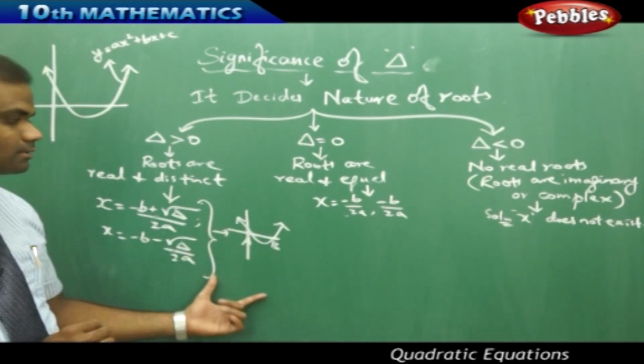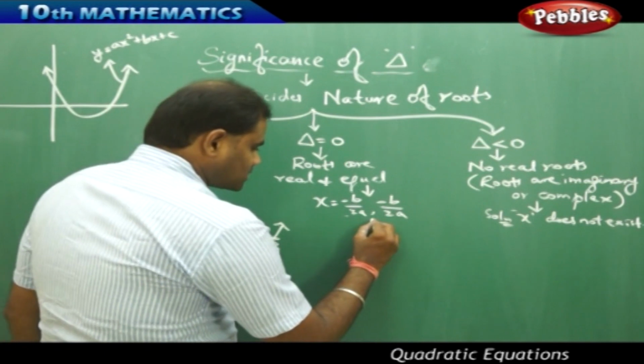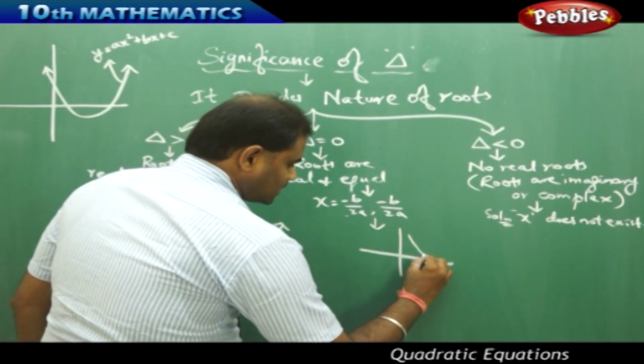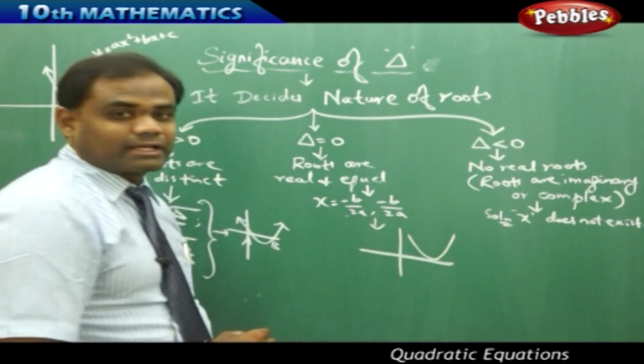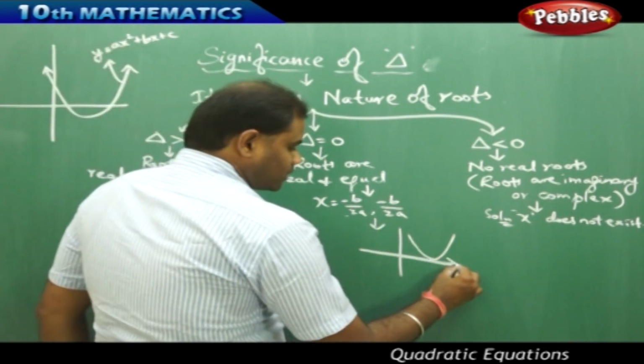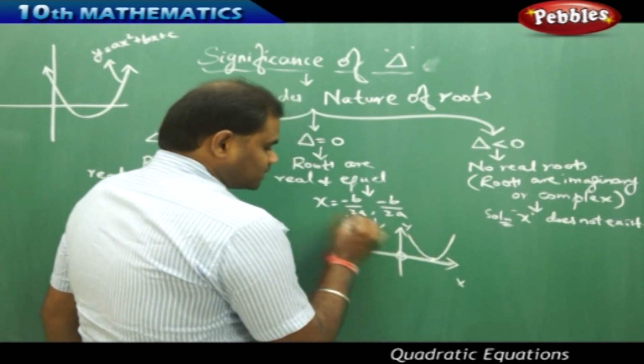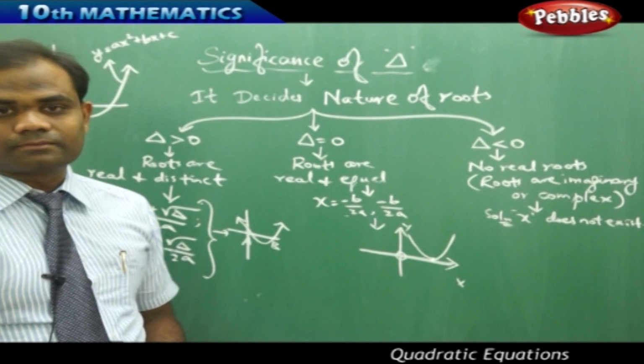Now how do you understand repeated roots in the graphical method? I understand this as the graph which touches the x-axis. Therefore, for repeated roots, the graph touches the x-axis.